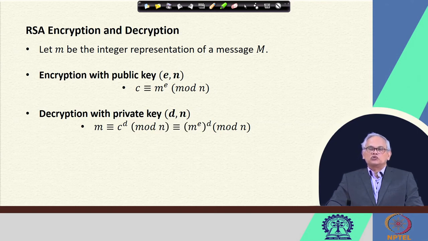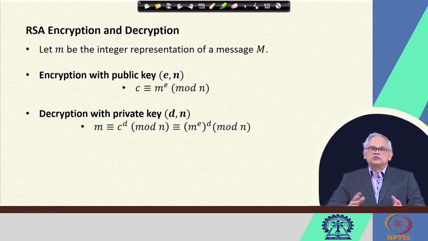So, that is m raised to the power e mod n, and what we get as a result of this operation is the ciphertext, denoted by C. So, capital M is the original plain text, its integer representation is lowercase m, and by applying this operation with the encryption key, which is the public key, we have got the ciphertext C.